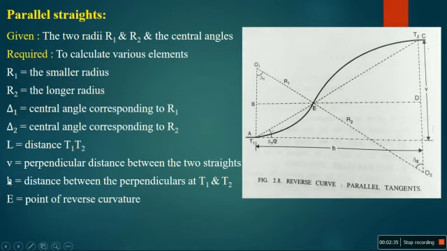Next, small h. It is the distance between the perpendiculars at T1 and T2. Here T1 is here, T2 is here. This is the perpendicular distance from T1 to T2. This is small h. Then E is the point of reverse curvature, meaning that these two curves meet at one point. This is called the point of reverse curvature.